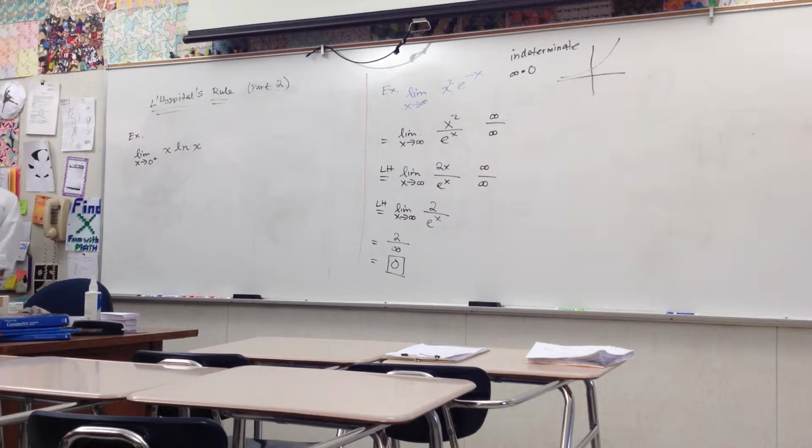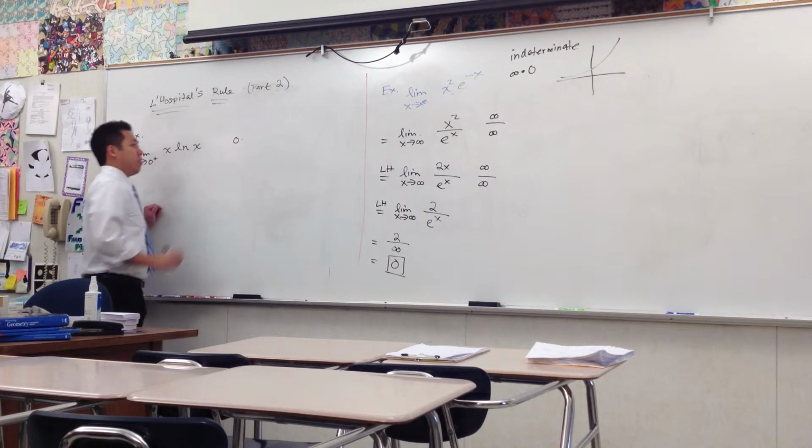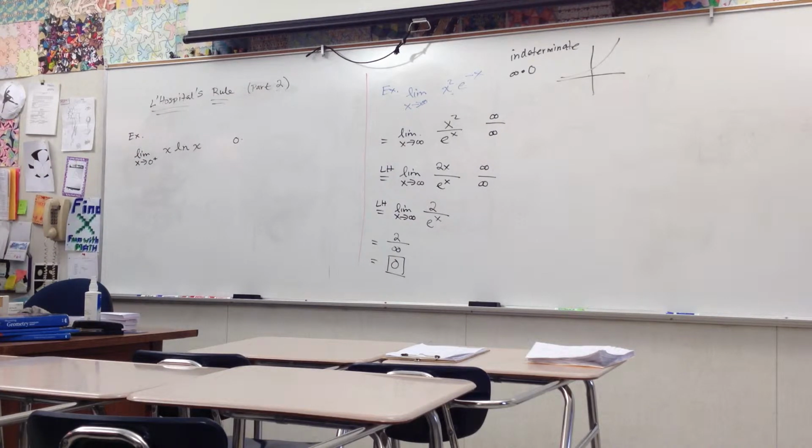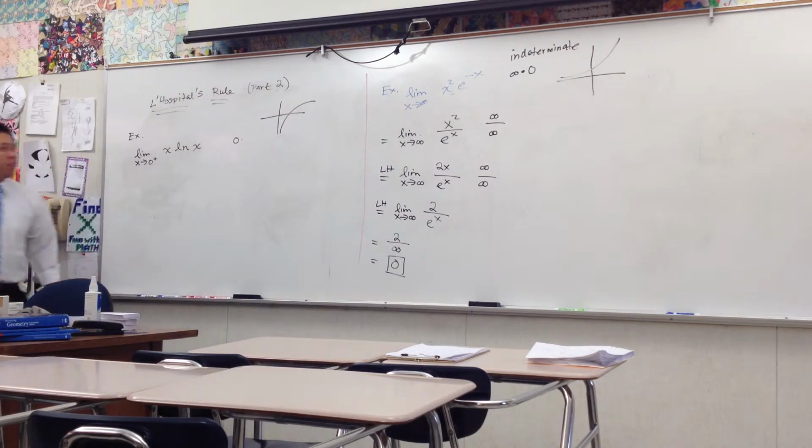Alright, so try to plug it in. So you get a 0. What's the log of 0? Let me draw the graph here. If you approach 0, where does the graph go?